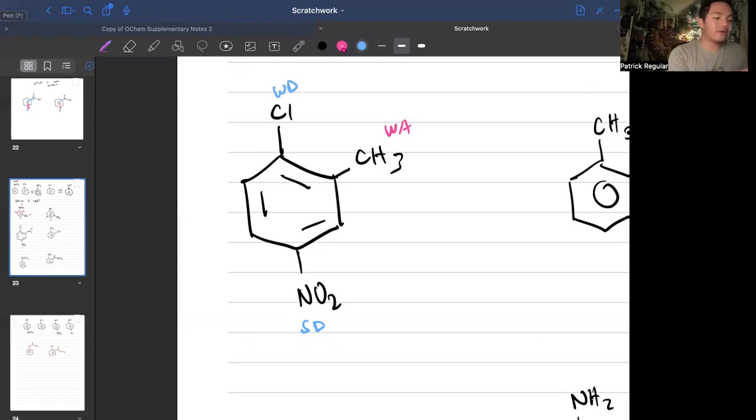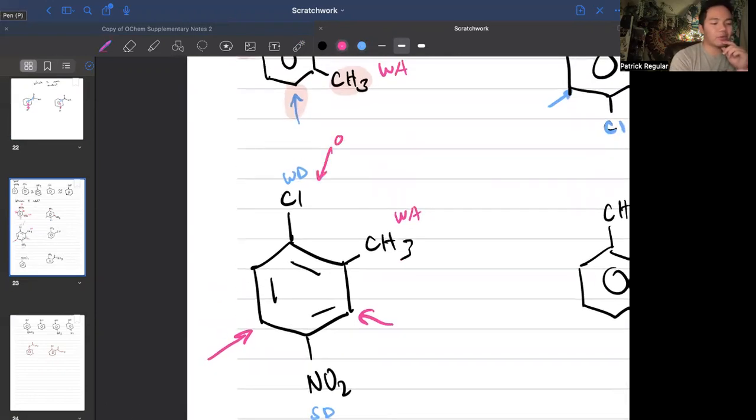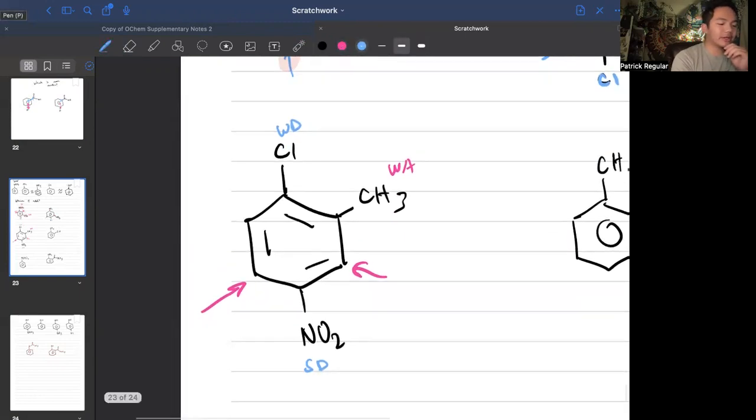So once I have ortho para, it's going to want to add here, it's going to want to add here. Okay. So if it wants to add there, well, it also wants to add here for ortho, but that spot's already taken. The weak deactivator also wants ortho para. It's going to want it right here, and right here. But again, can't really add it in either of these two spots that I just erased.